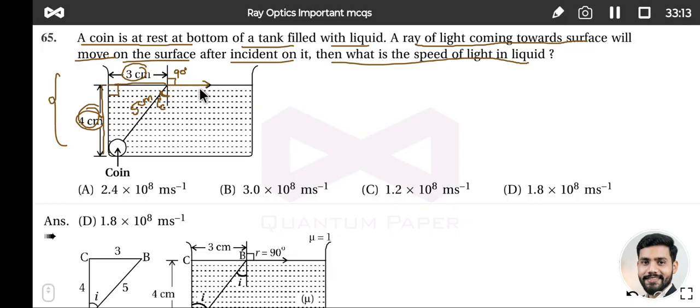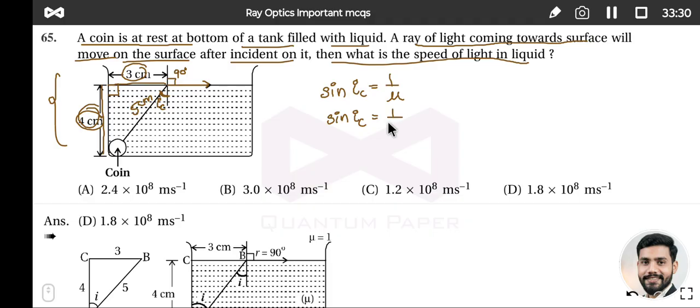So if you apply the critical angle formula, that is sin ic is equal to 1 upon mu. So sin of critical angle we don't know, and refractive index is not given. So how to find refractive index?